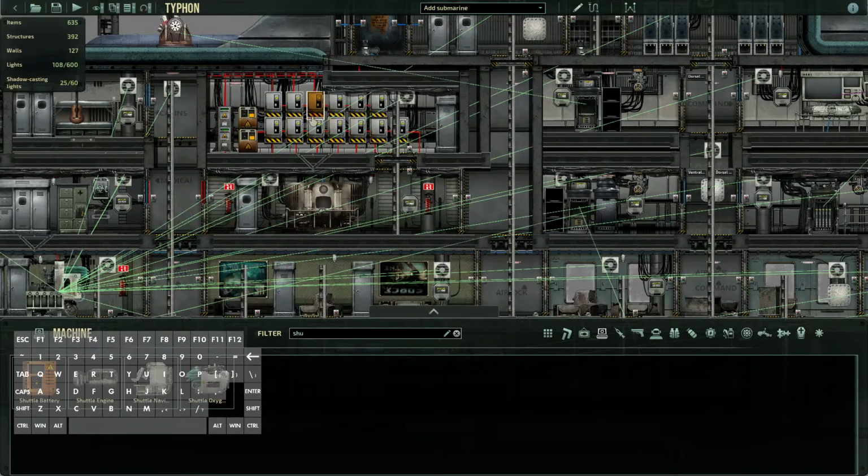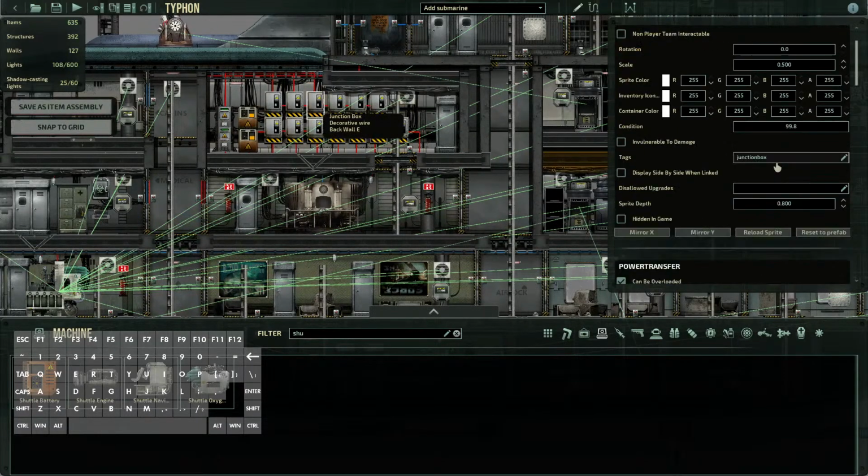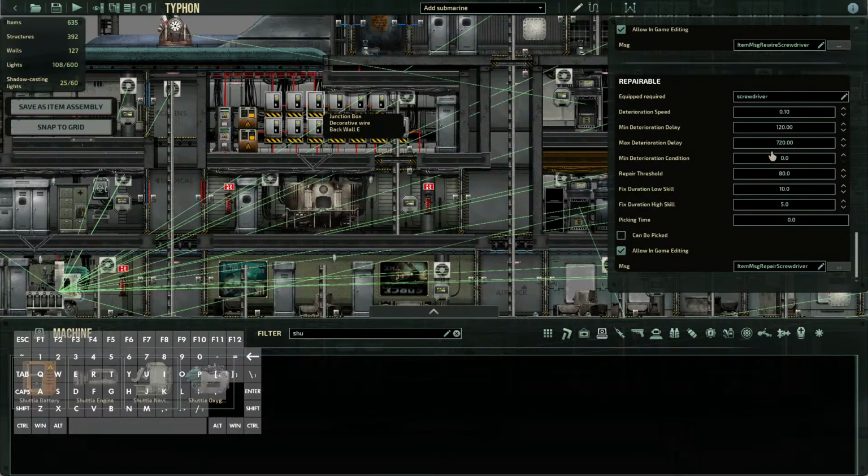But here's the problem. These junction boxes, I believe, have a 20% chance by default of bursting into flames when they reach their minimum condition. So if you look here, where's repairable? The minimum deterioration condition is 0%, and the minimum repair threshold here is 80%. So when this thing reaches 100%, or anything over 80%, if your repair gets interrupted or if you get it to 100%, it can't be repaired again until the condition of the device falls below 80%.